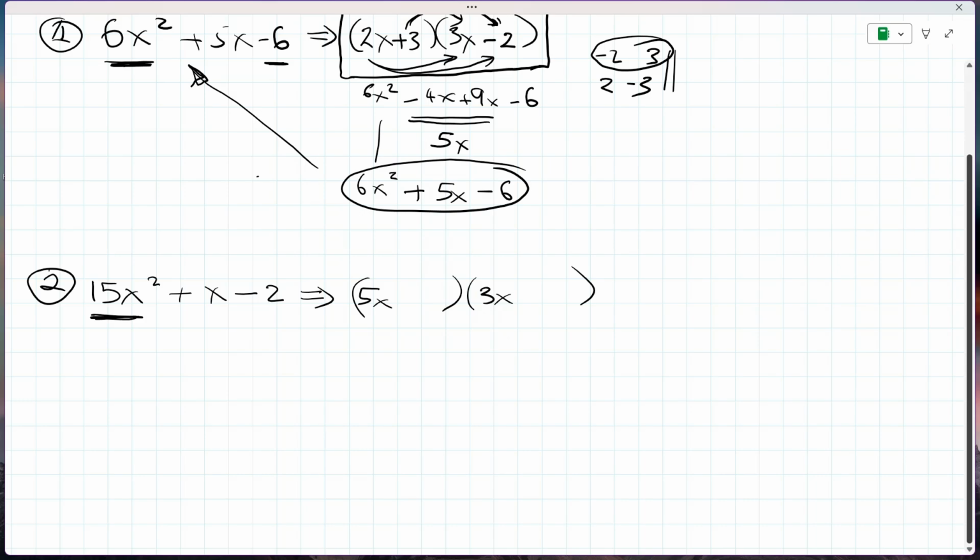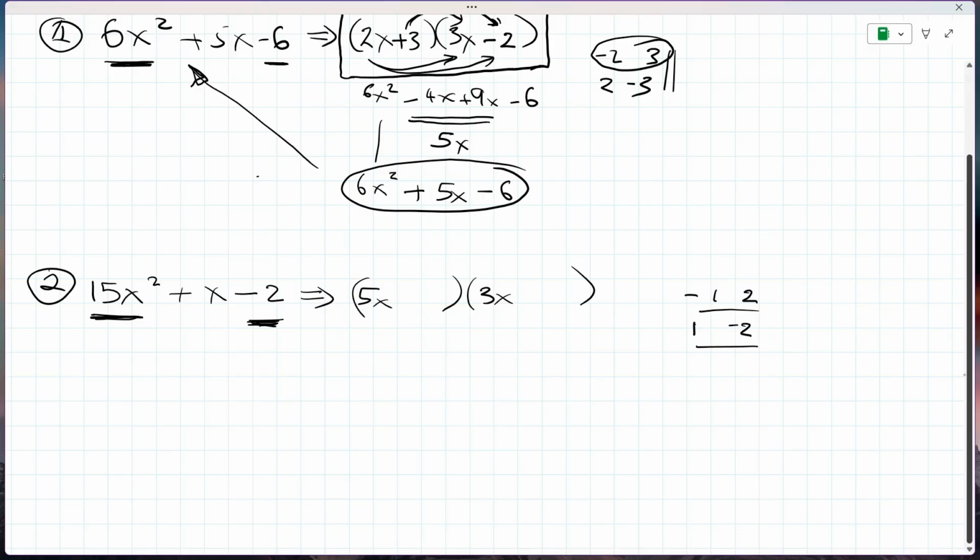And again, we look at the last term here. What do we have? Minus 2. So two numbers which, when multiplied together, give us minus 2, can be minus 1 and 2, or it can be 1 and minus 2.